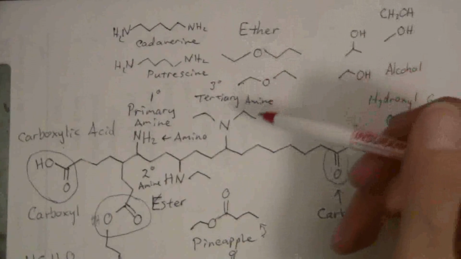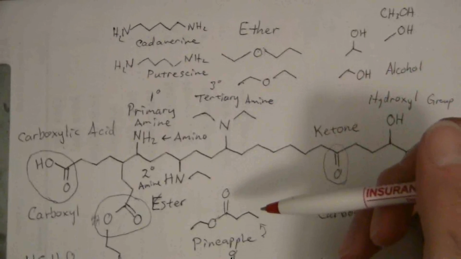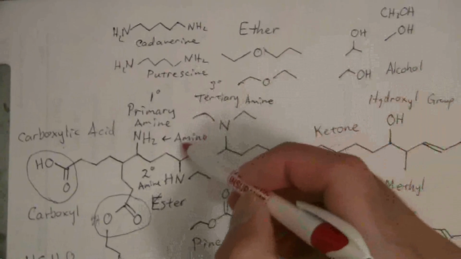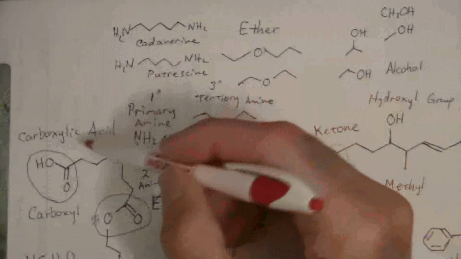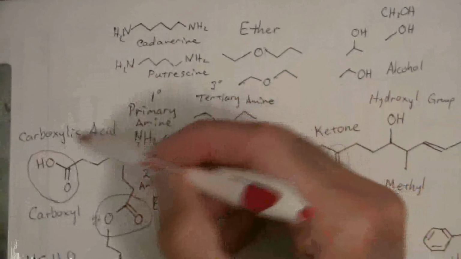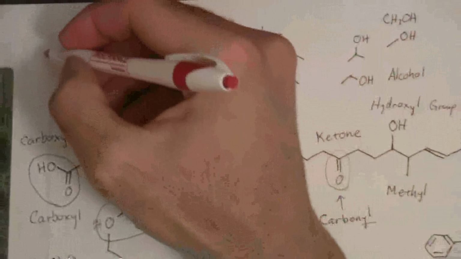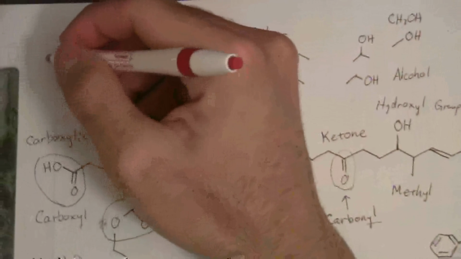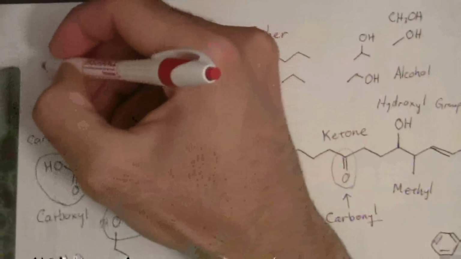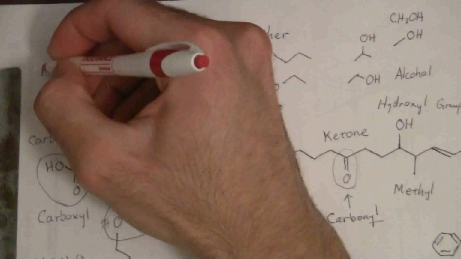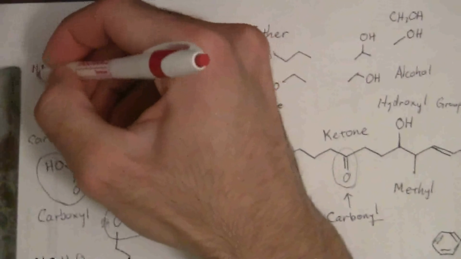Okay, well, guess what two functional groups are in amino acids? You've got the amino group and the acid group, or the carboxyl group. Right? So the simplest amino acid would be glycine, and it looks like this.